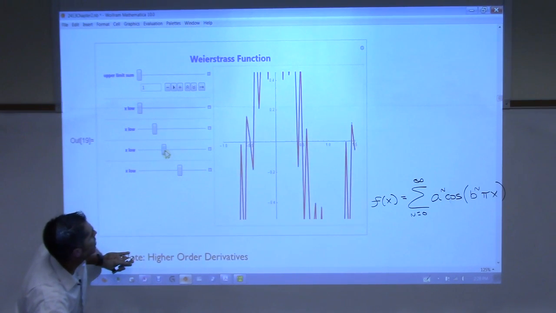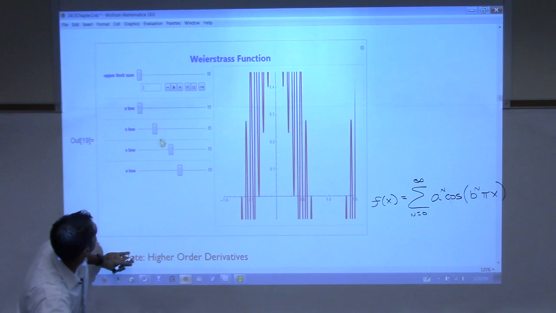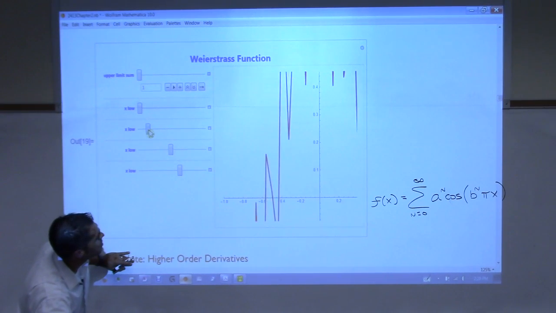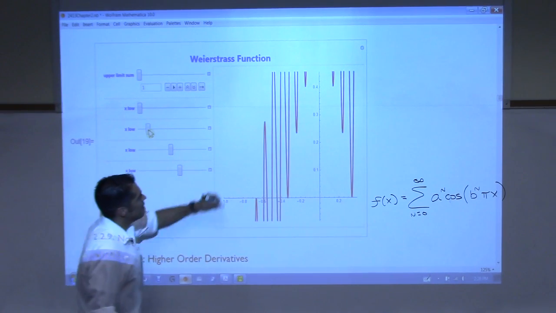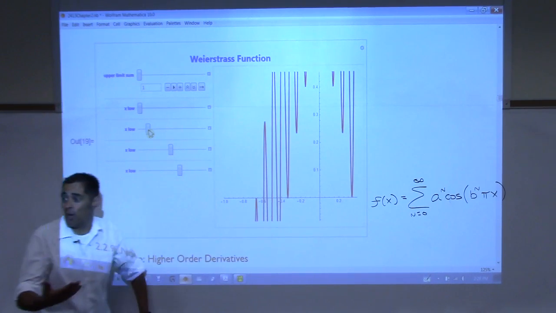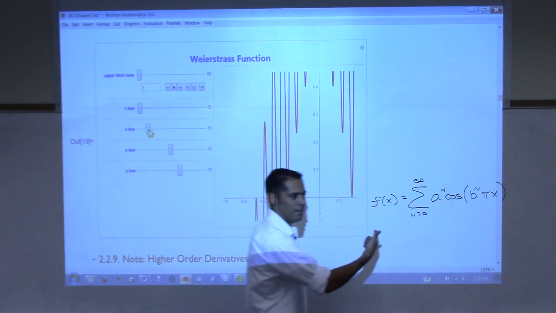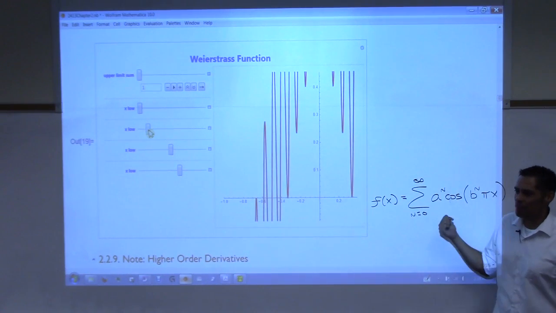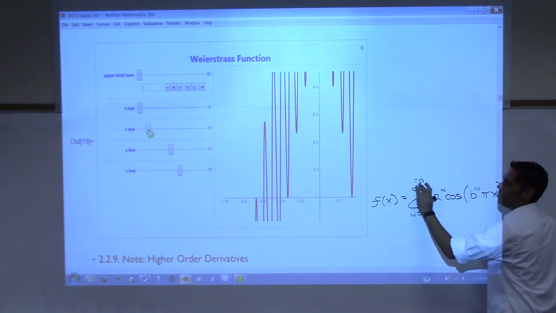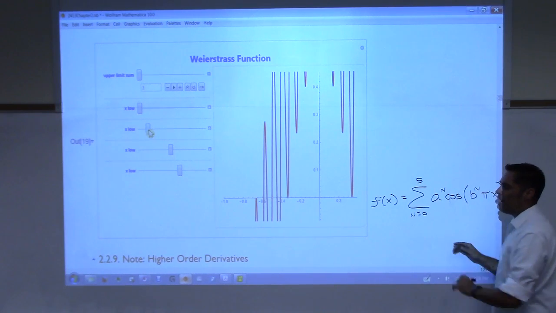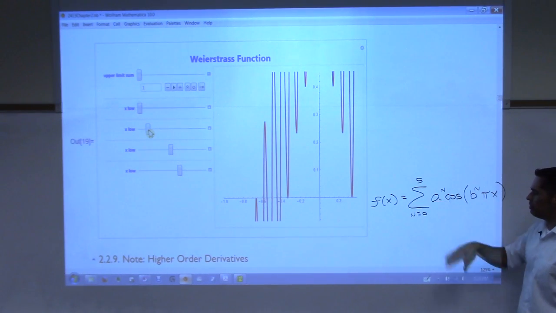It can only go so much. And at some point it just looks like nonsense. Yeah, see, you can't see them all. And there's another reason why I can't show that to you. It's because the computer can't handle an infinite number of cosine functions. It can't graph an infinite number of cosine functions. So what I'm telling it to do is graph the first 5. If you've never seen summation, don't even worry about it.